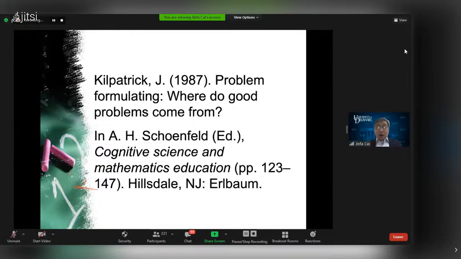Instead, it is almost like setting up an agenda to call for research in problem posing. Even at that time, Jeremy didn't call it problem posing; he called it problem formulating, but the idea is very similar.